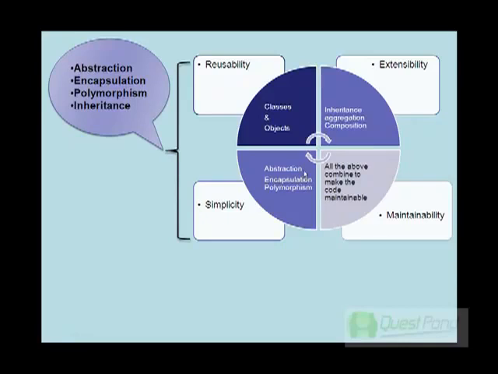Now the second problem with functional programming was extensibility. In other words, you have a function and you want to extend it with new features. That was not possible. You have to make a completely new function and then change the whole function into whatever you want. In object-oriented programming, this problem of extensibility is solved by using inheritance, aggregation, and composition. We will be discussing all these features in the coming up videos, but at this moment just try to understand the terms which help to solve the functional programming problem.